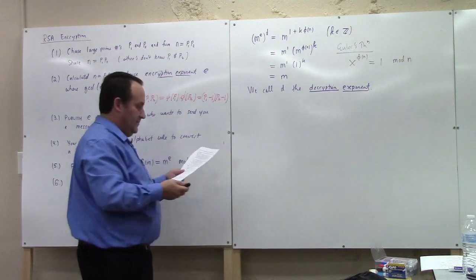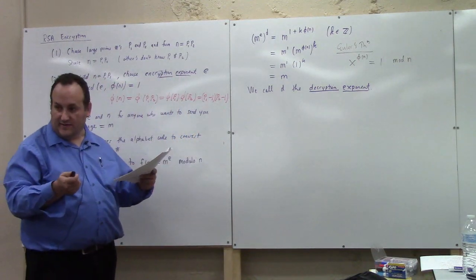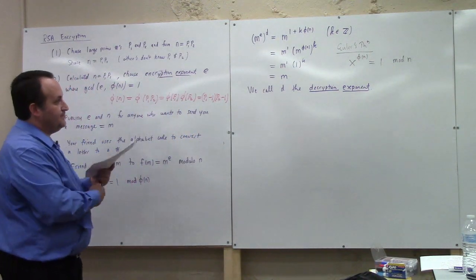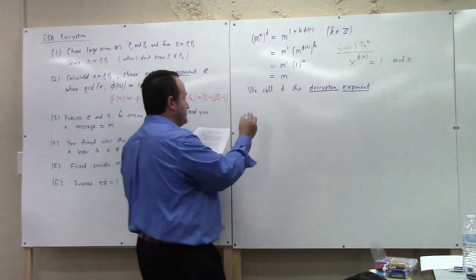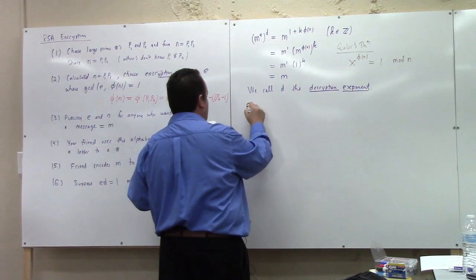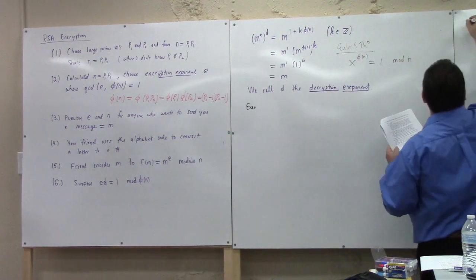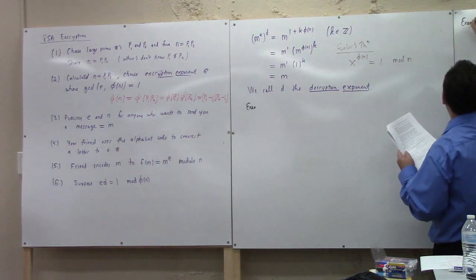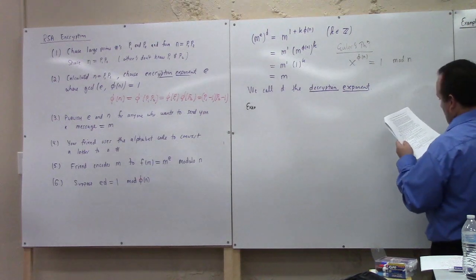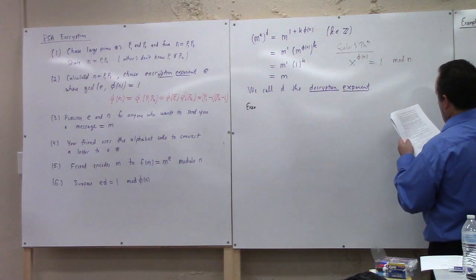Okay, so let's look at a specific numerical example of how this goes. I'll work it over here. Example. All right, so here it goes. 1.